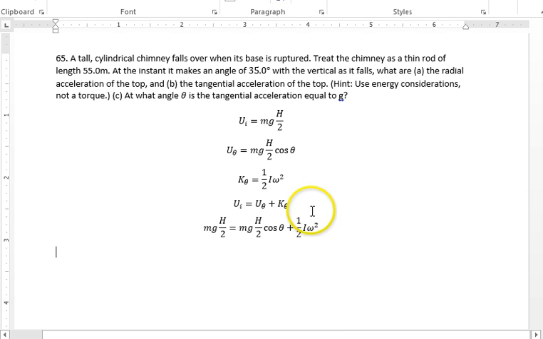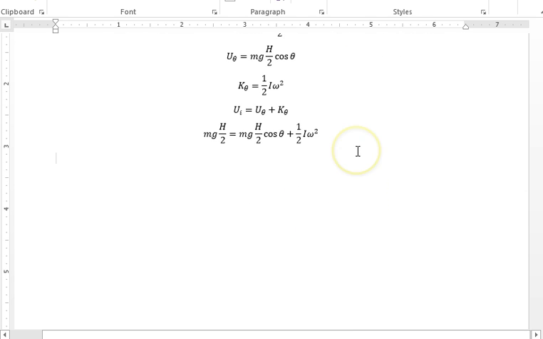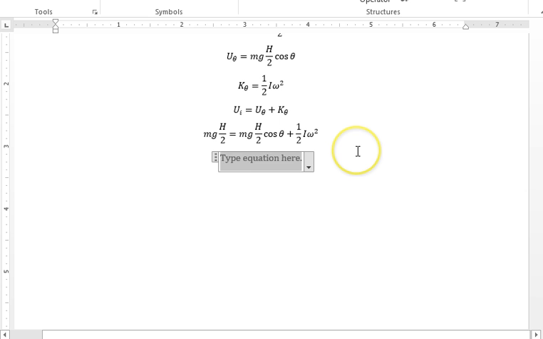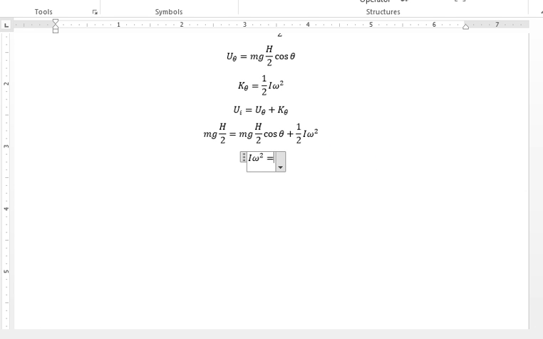And the 2's disappear all over the place, and so I'm going to put I omega squared on this side, equals mgh times 1 minus cosine theta.